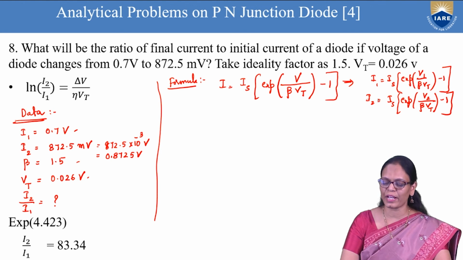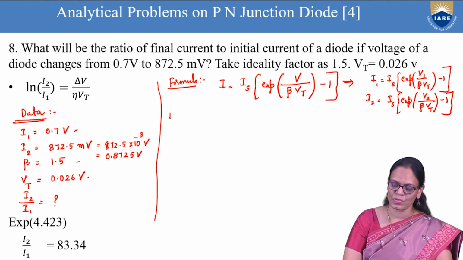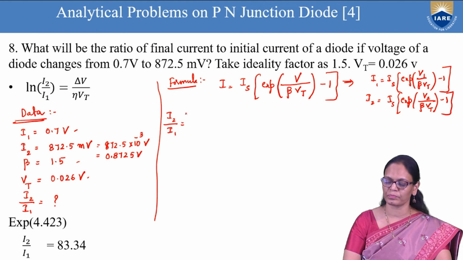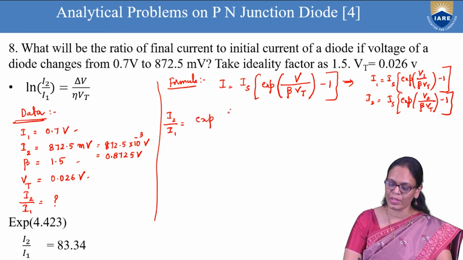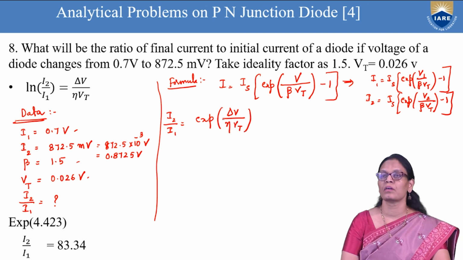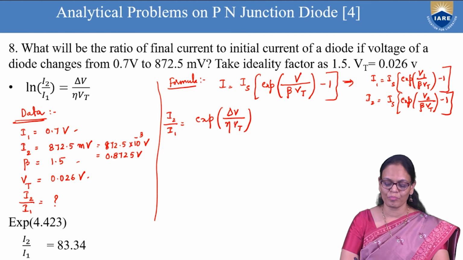So when we have to get I2 by I1, I2 by I1 will be exponential delta V by eta Vt. So we have to find the ratio of the final current to initial current.